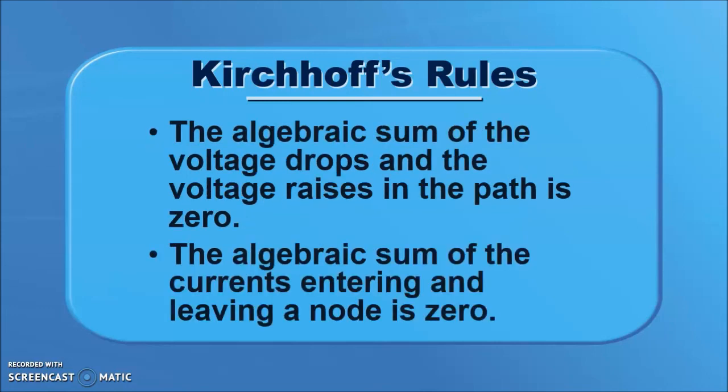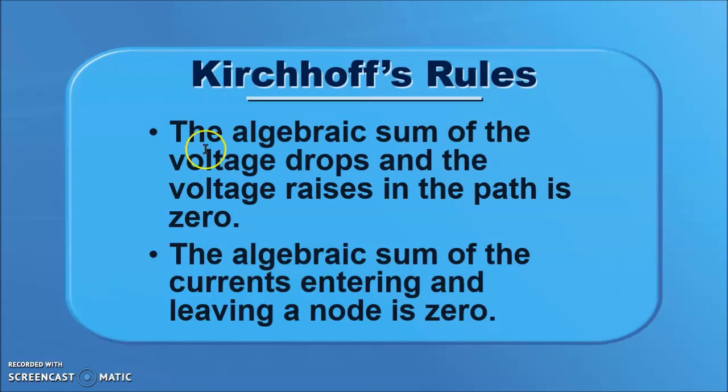Now, we can also look at this saying the algebraic sum of the voltage drops and the voltage rises in the path is zero, meaning that when it crosses a battery or a DC voltage source, it's going to rise, and then when it goes through the resistors, it's going to fall, right? And at the end, it's going to balance out. The algebraic sum of the currents entering and leaving the node is zero.